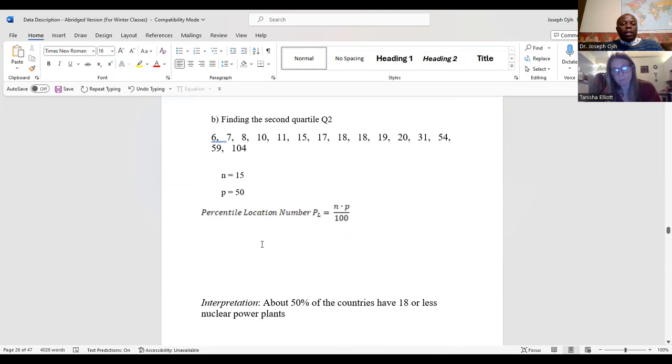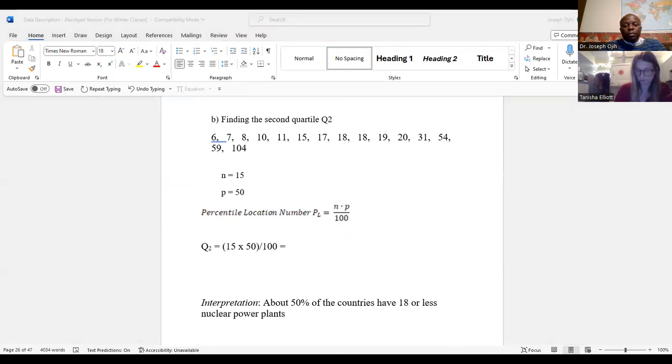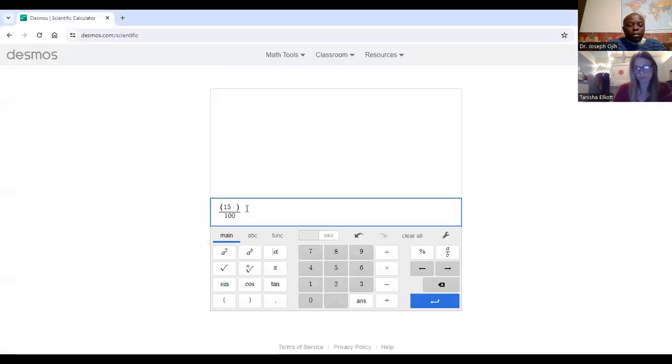So that means Q2 equals 15 times 50 divided by 100. 15 times 50. So I'm going to change this to 50. That gives us 7.5.